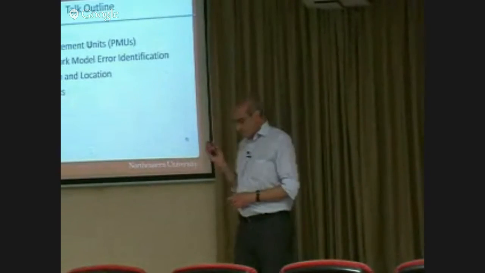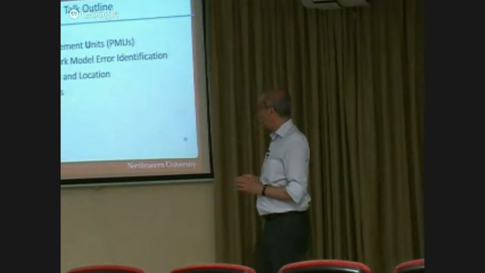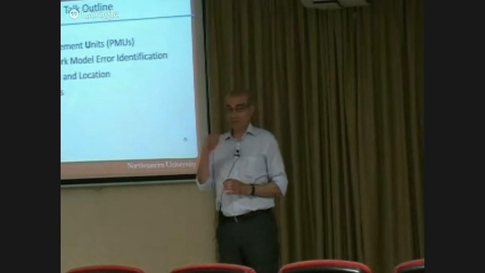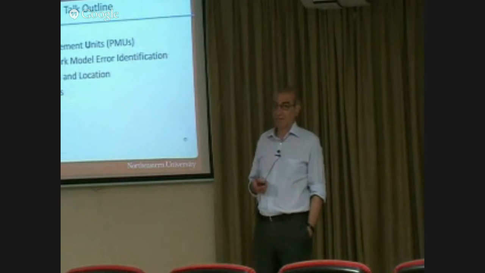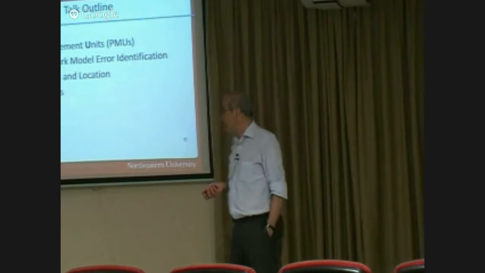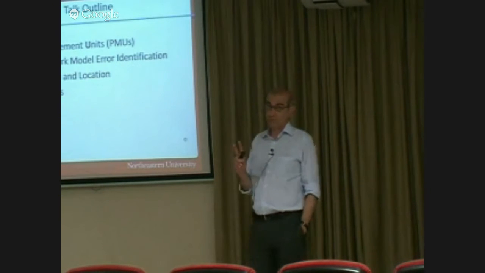So, the outline of the talk today. I'd like to talk a bit about phasor measurement units, which may be a bit of repetition from yesterday in case some of you were not here. After that, I'd like to talk about two problems.